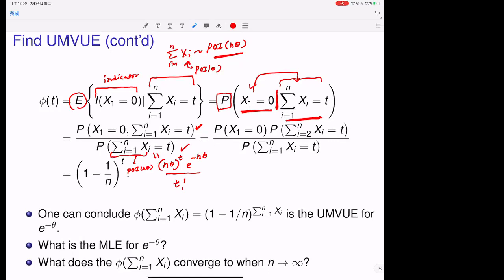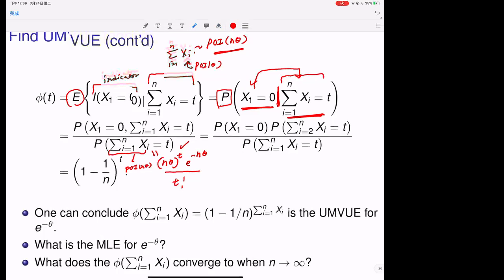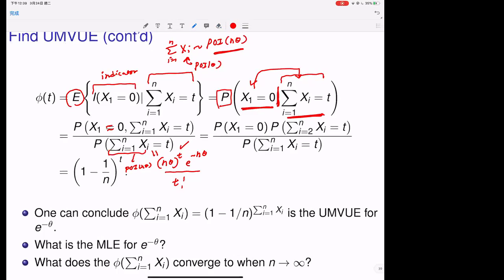The reason for that is, you do have x1 is 0, and the summation of xi is t, so I can basically write the summation from i equals 2 to n of xi equals t as well. Since x1 is 0, that means x2 plus x3 plus until xn is t.